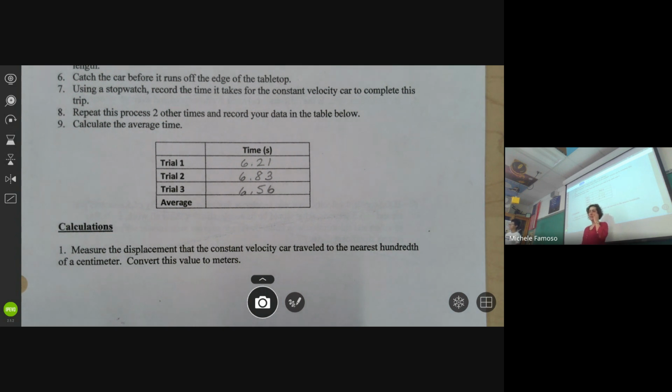Stop. 4.78? Thank you, Jacoby. Thank you, Don. Okay, so then let's start. 2, 1, go. Stop. 4.9.